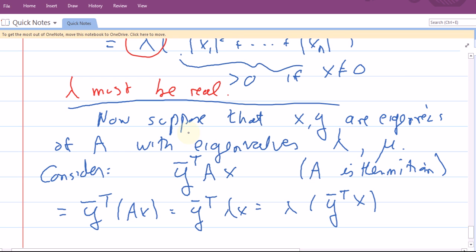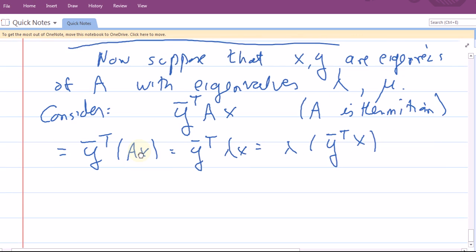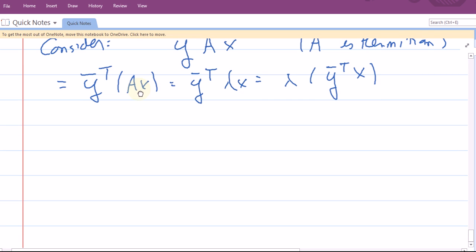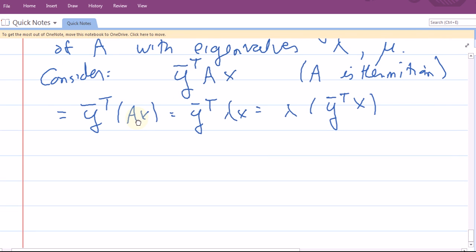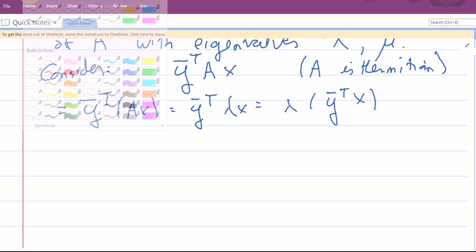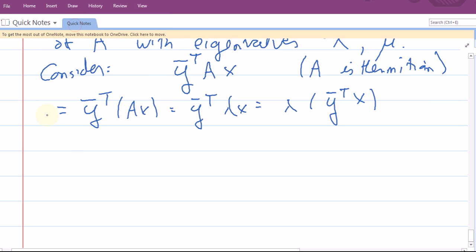Now, on the other hand, we can take the conjugate transpose of this quantity just like we did in the previous case. So now consider the complex conjugate transpose of this quantity, y conjugate transpose Ax.